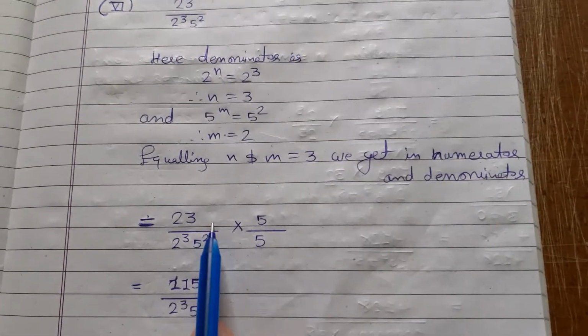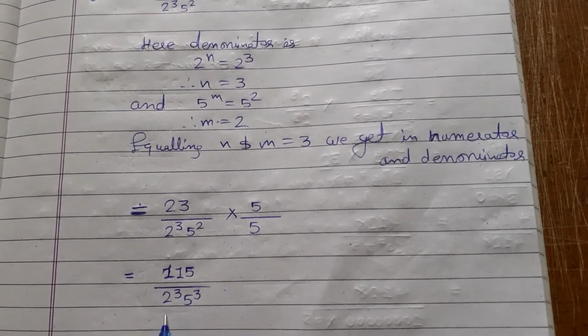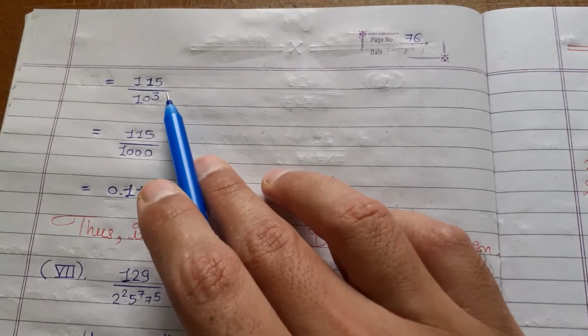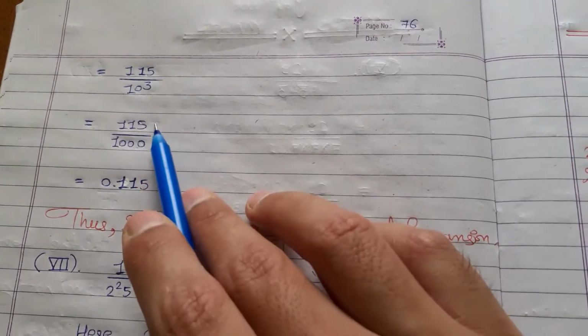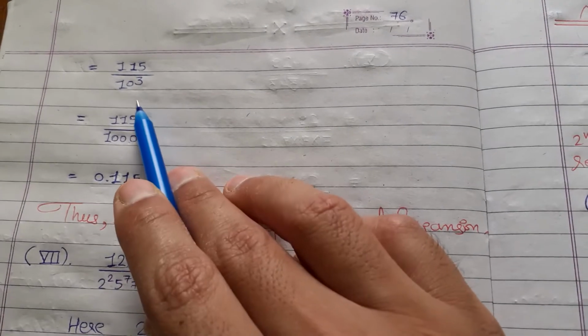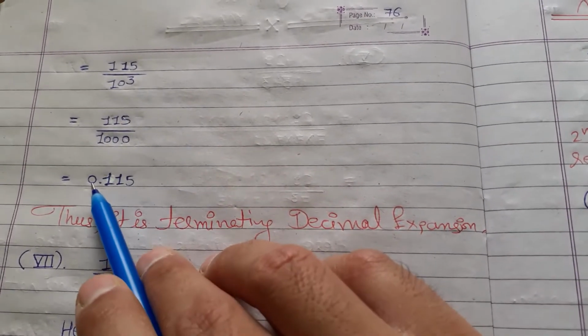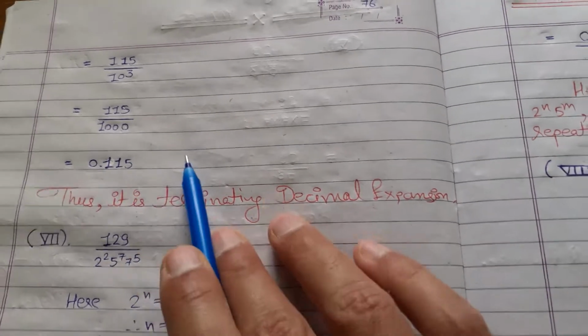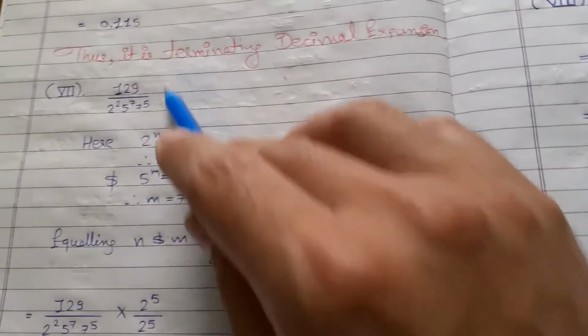So we are getting 23 fives are 115, and in the denominator 2 cube and 5 cube. So the answer is 115 upon 10 cube, 115 upon 1000, 3 zeros. So 0.115, after the point 3 digits will come. Thus it is a terminating decimal expansion.